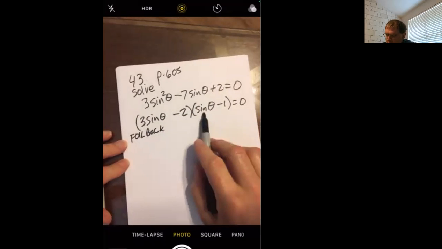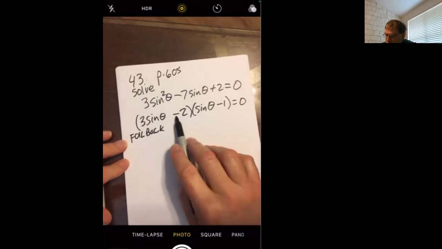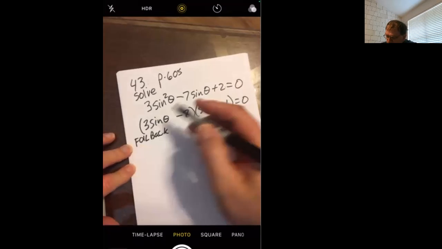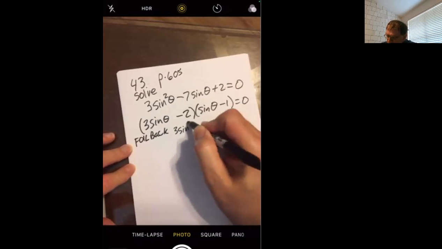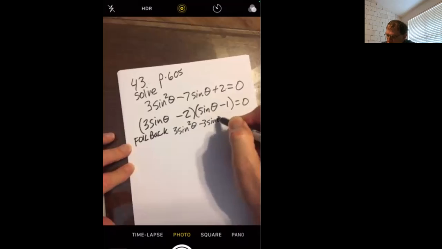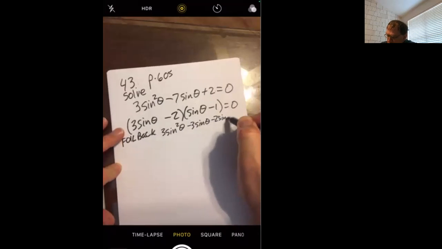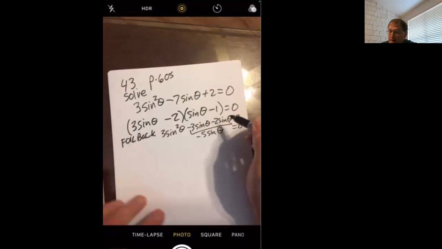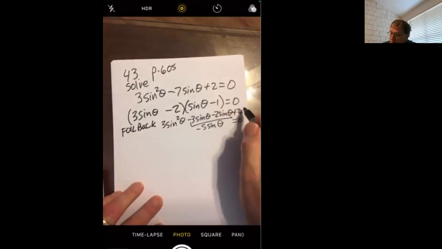I get 3 sine squared theta minus 3 sine theta minus 2 sine theta, add 2 equals 0. So in the middle, I'm getting a negative 5 sine theta. I want negative 7 sine theta, so no.